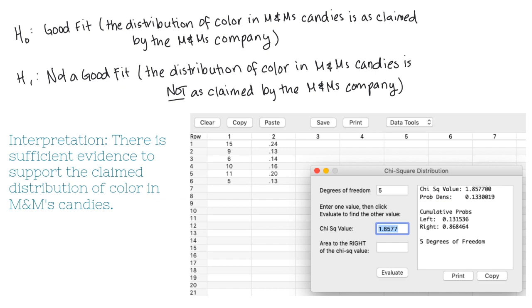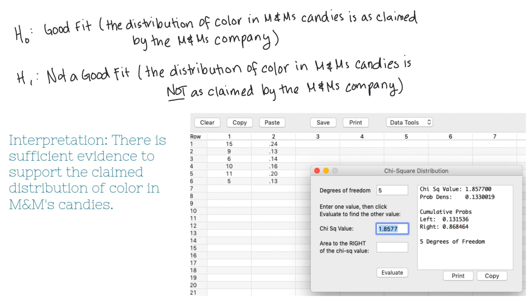So we found that test statistic on the previous page by hand. I wanted to show you what the StatDisk screen looks like when you do this in StatDisk. You can see that in column 1, I went ahead and put my observed counts. And then in column 2, I went ahead and put my expected proportions. This screen right here shows you how once I found that chi-square value by hand, I got my p-value here to the right.